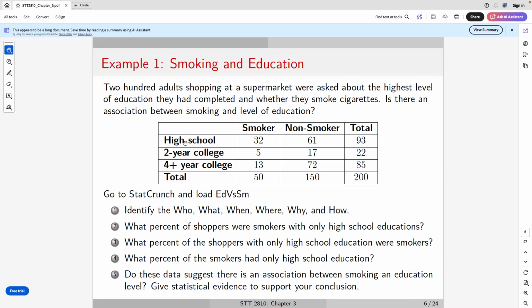Who can help us? 93. 93 divided by what? The total. How about 2-year college? 22 divided by what? 200. How about 4-year college? 85 divided by what? 200. This is how to find the marginal distribution of a variable.